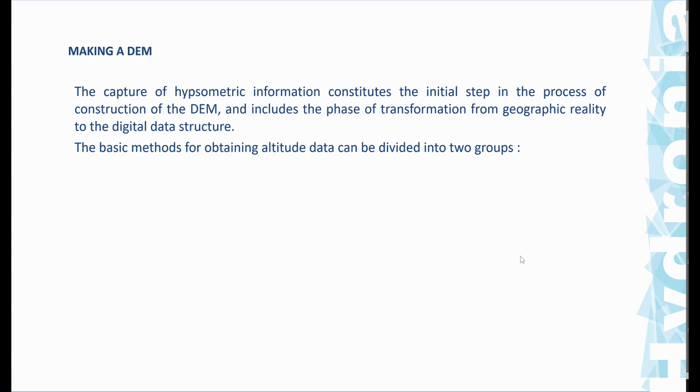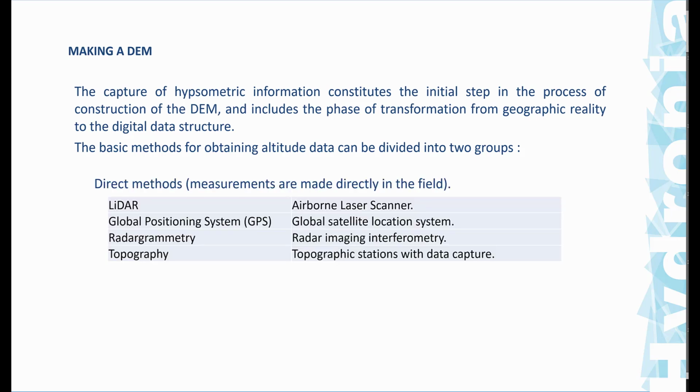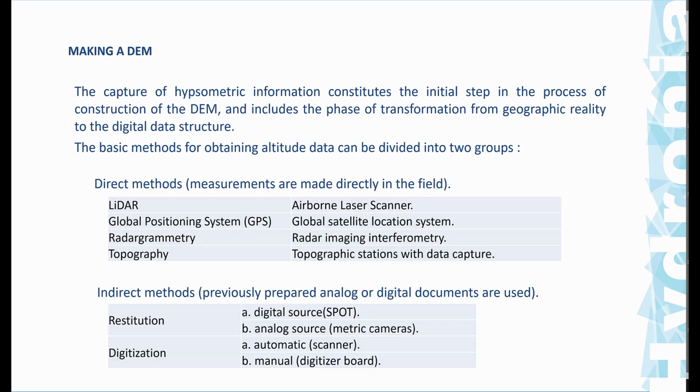Now, how do we make a DEM? A DEM is obtained from the interpolation of discrete elevation data that can be obtained by direct methods. The classic way is by topographic survey, but you can do many other ways. There are many other ways that have been developed.